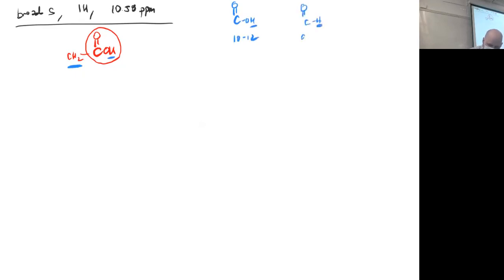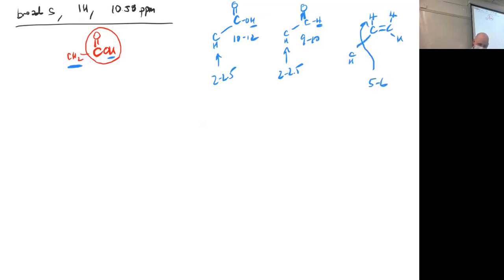This is an aldehyde. So this hydrogen is attached to the carbonyl in an aldehyde. That one is 9 to 10, which would be different from this CH down here. A CH next to the carbonyl would be that 2 to 2.5. Same thing here. If you got a CH next to that carbonyl, this one would be 2 to 2.5. If we've got a hydrogen that is attached to an alkene, like this one right here, that would be 5 to 6.